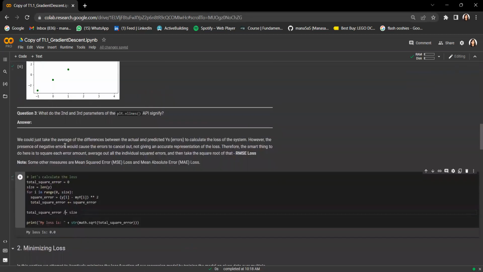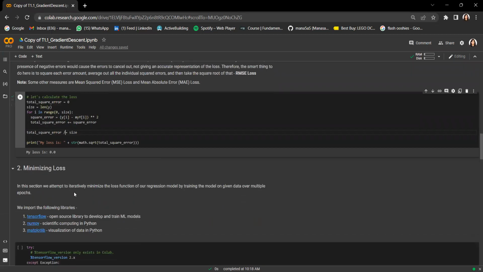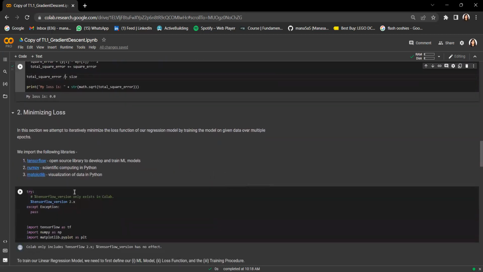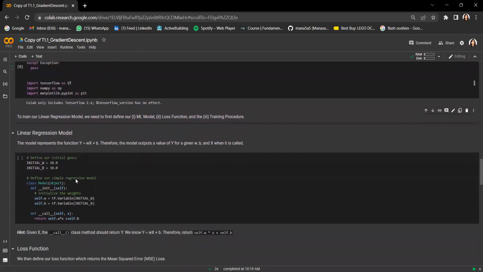So this is a manual way to tune your w and b parameters to reduce the loss to 0. But this would not work when the problem scales up. So we need an iterative method to minimize this loss. That is what we will be exploring in this section.